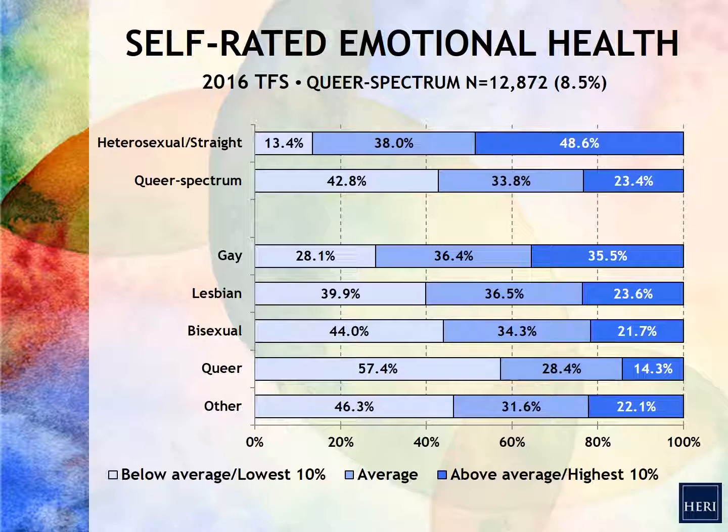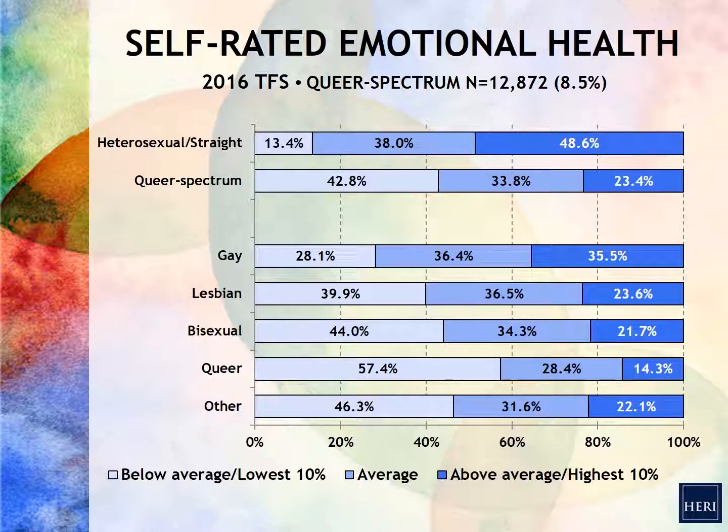What we see for straight students is that 13.4% of them put themselves in below average or lowest 10% in terms of their self-rated emotional health. Compare that to nearly half of the queer spectrum students. Nearly half. That's a lot of people.